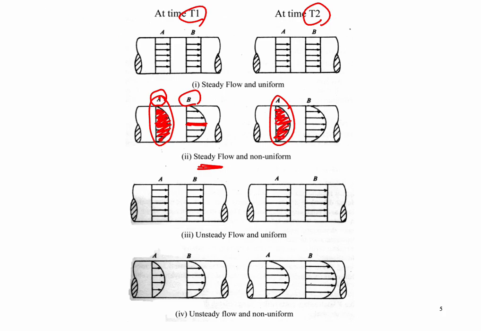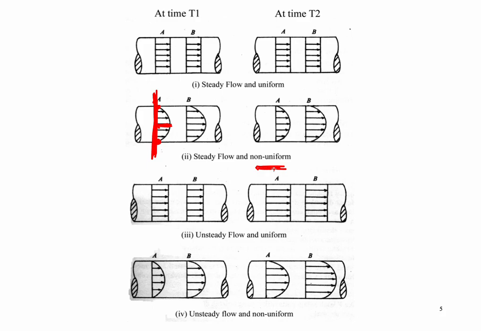However, if we see the velocity in terms of this location, we find that the bottom velocity is almost 0, the middle one is the highest, and the top one is equal to 0. So it is non-uniform, because uniform means it is the same or not at one location.